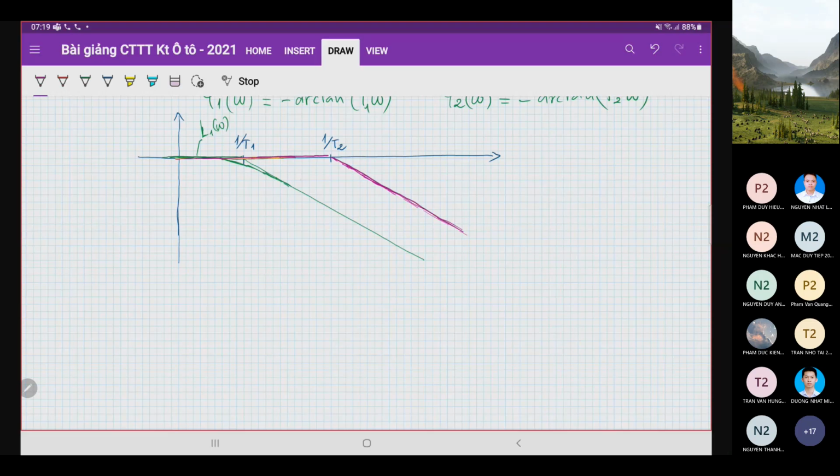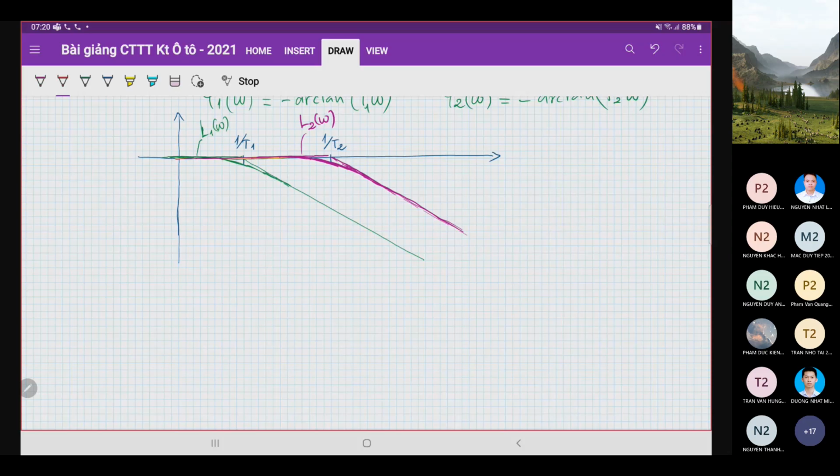Okay, and the real diagram will be here. Then now we combine these two lines, these two here is L2(omega), and we combine these two branches of the diagram into one, and we have the final one.